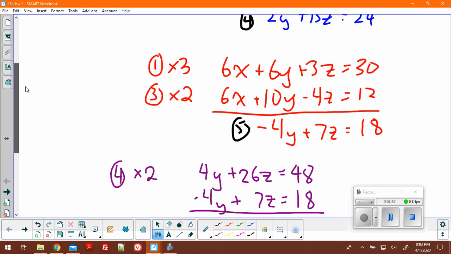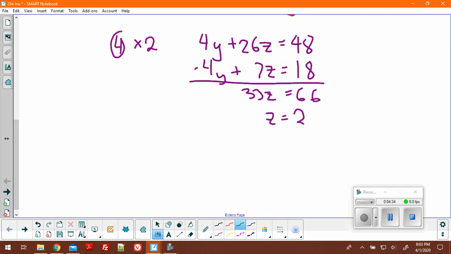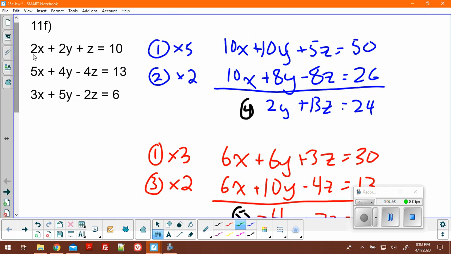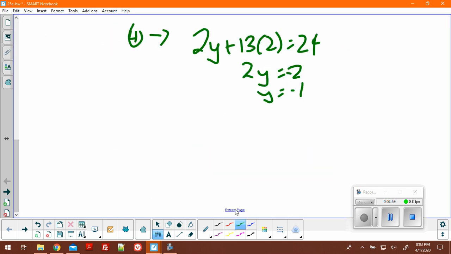I had 2y plus 13z equals 24. So 2y plus 13 times 2 equals 24. This is equation 4. So that means I've got 2y equals negative 2. So y is negative 1. Now we'll solve for x. Let's take that first equation: 2x plus 2y plus z.